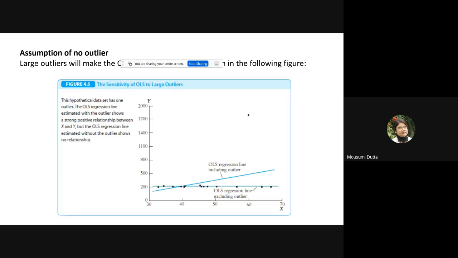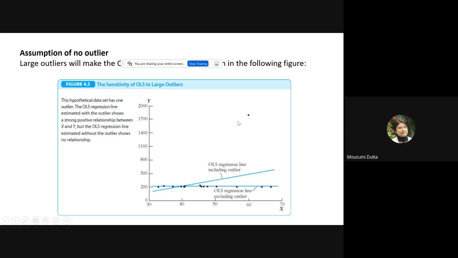Now, while we are collecting the sample observations, look at this example. Most of the observations are here. However, there is one observation, and there may be one or two observations like this.